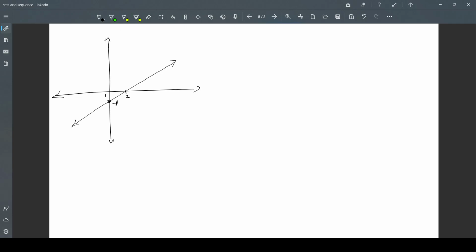So the equation of the line is what? y equals mx plus c, and the gradient is, because it's going 1 unit above and 2 units to the right side, so it has 1 by 2 x, and it's passing through -1, so I'll be writing minus 1.